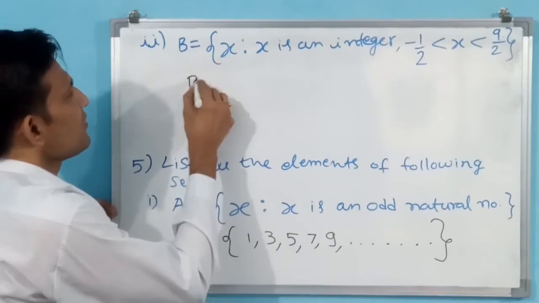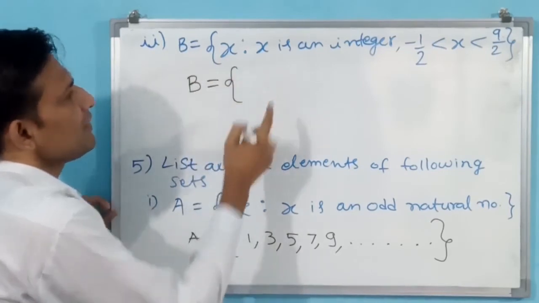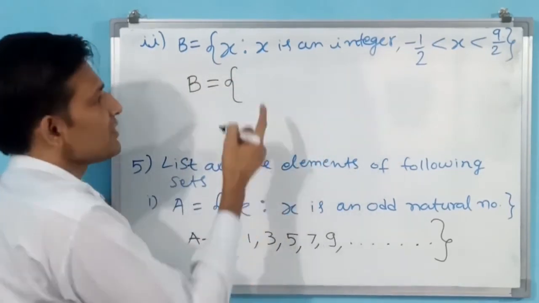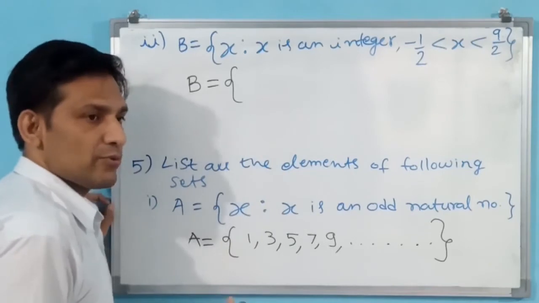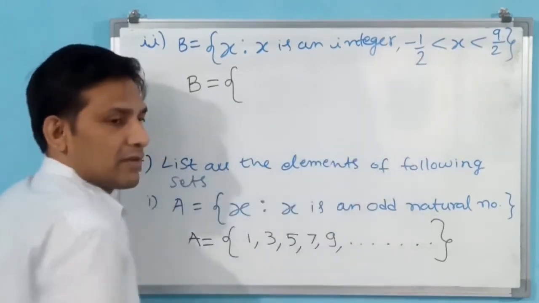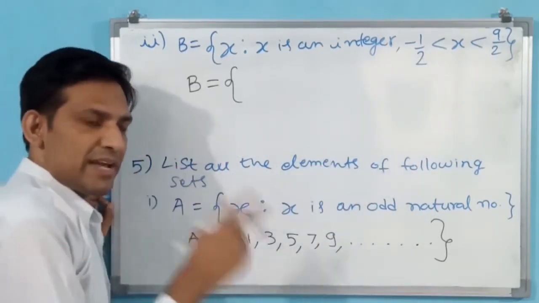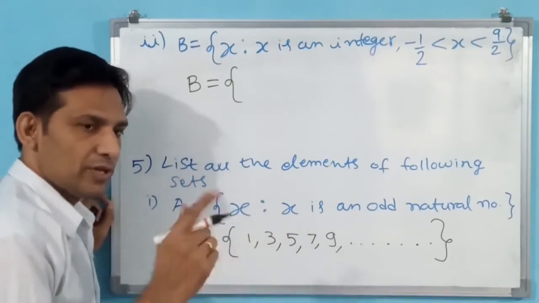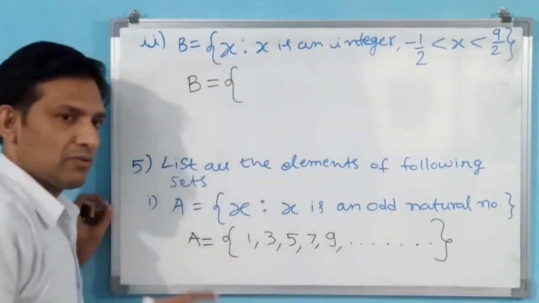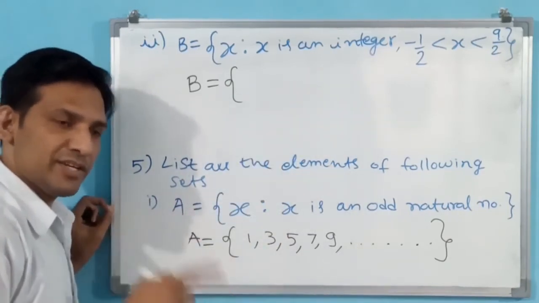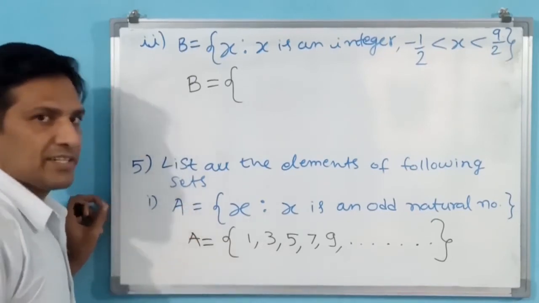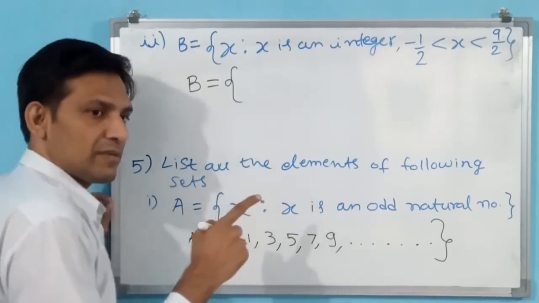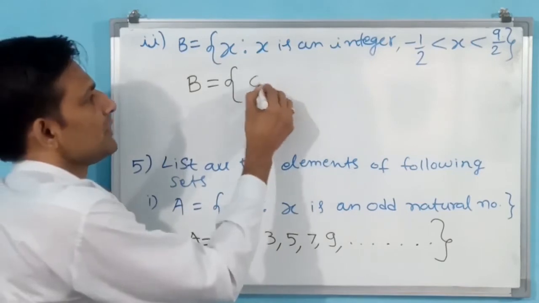B they have written, so you have to take B only. B is equal to integers. Integers greater than minus 1 by 2: naturally minus 1, 0. Minus 1 is an integer, 0 is an integer, but in between, minus 1 by 2 comes. Then after minus 1 by 2 you have to take 0.